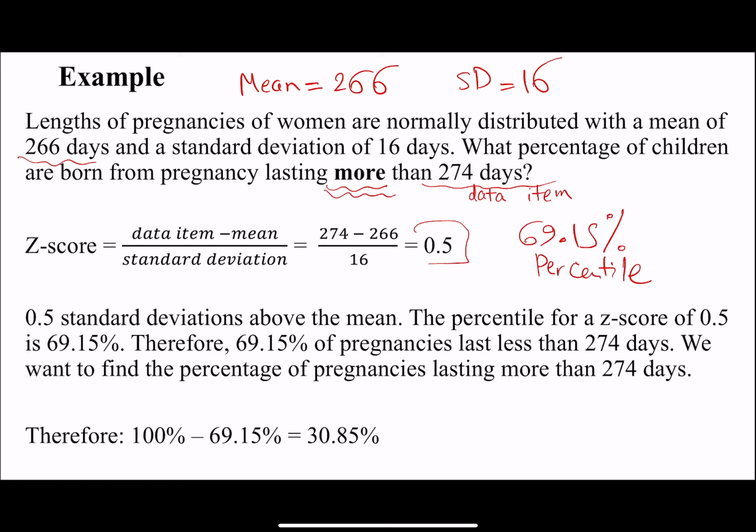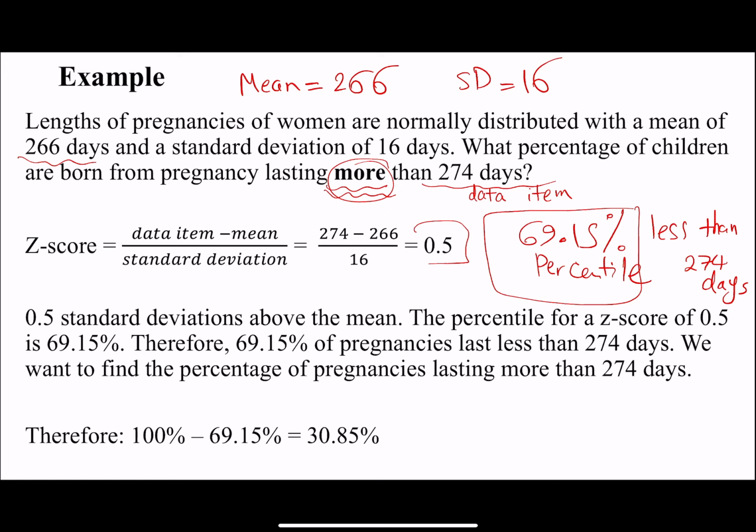It means 69.15% of pregnancies last less than 274 days. Okay, it says more. Subtract that from 100 when you want more.